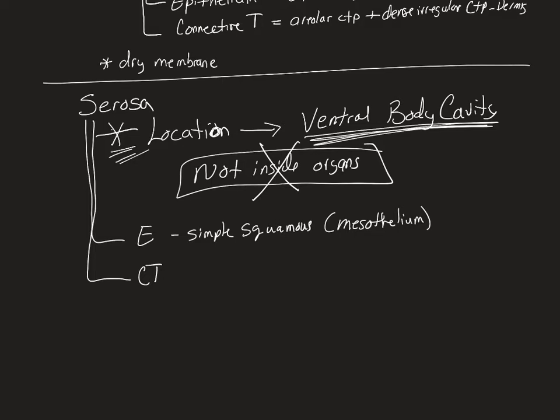The connective tissue is variable. The dominant is areolar CTP. But sometimes, especially with the parietal layers, it will be a dense irregular, and a lot of times it's just called fibrous CT.